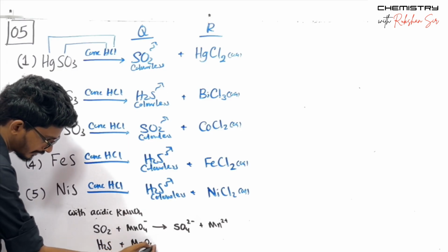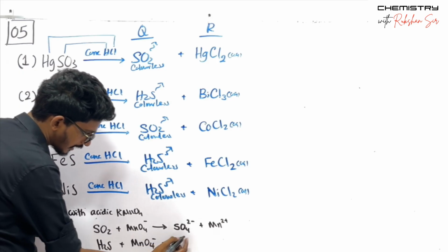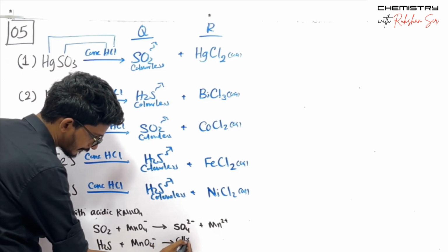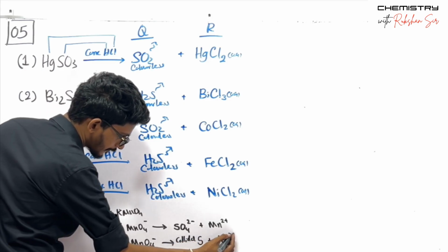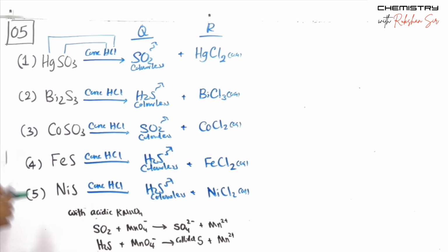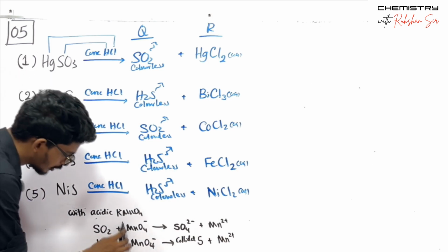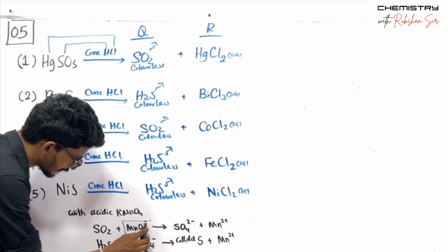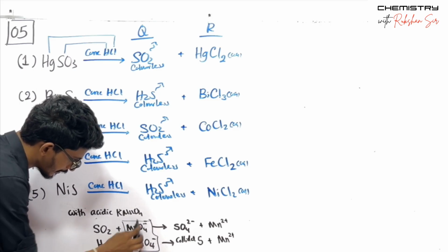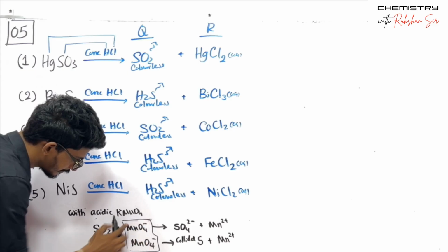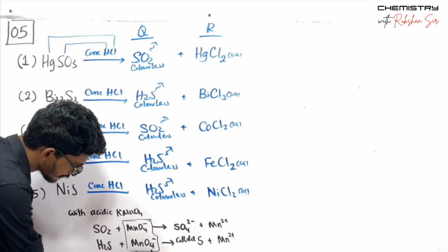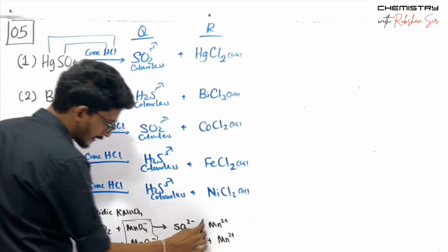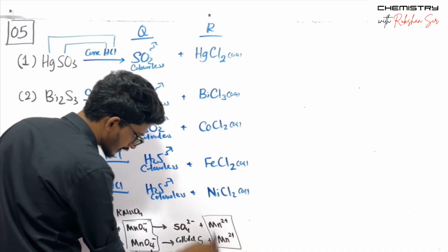With MnO4-, colloidal sulfur will form plus Mn2+. These solutions are purple in color, and those will convert to colorless solutions.